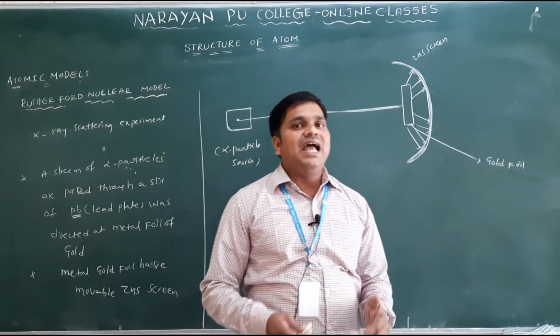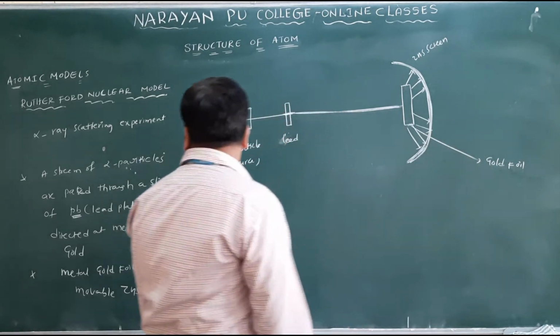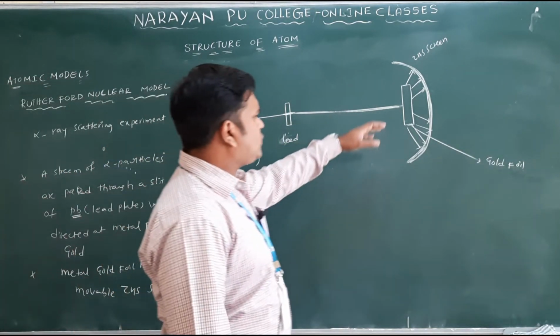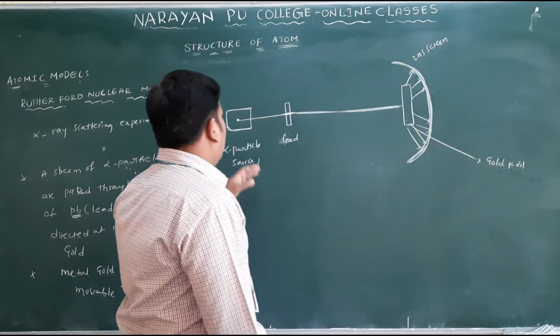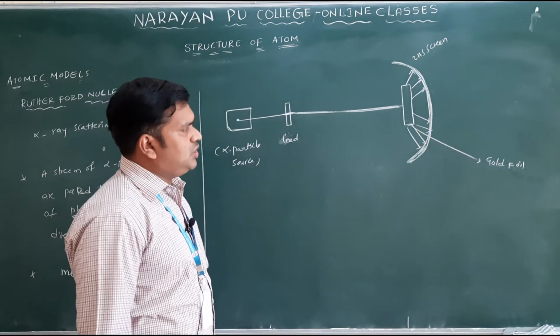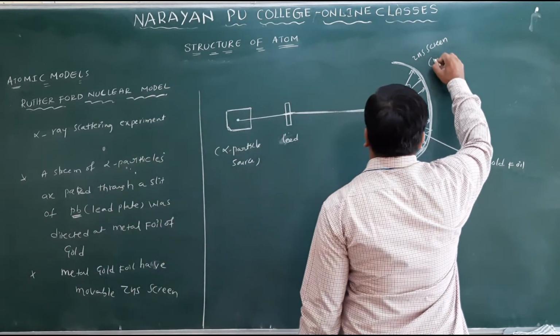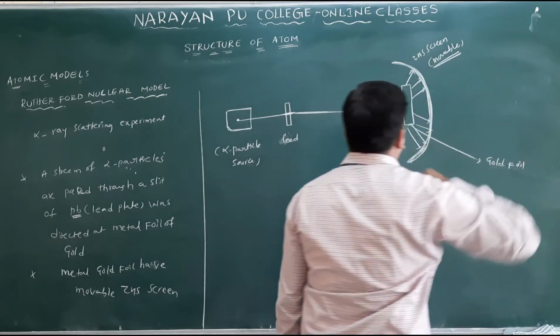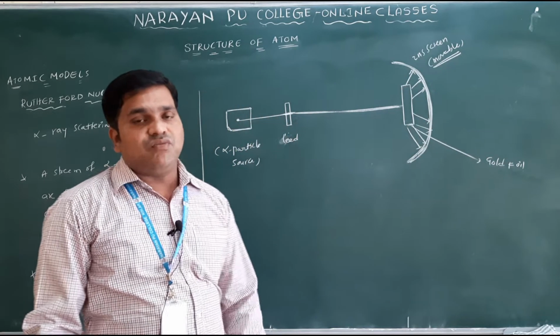So this is the arrangement for identifying these particles using the alpha particle source, the lead plate, and the movable, rotating zinc sulfide screen.